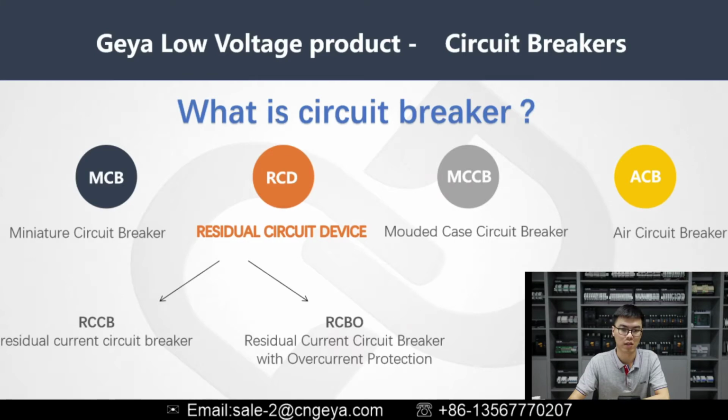Full name is Residual Current Circuit Breaker with Overcurrent Protection. From the name, I think you can find the differences. One is with the function of overcurrent protection, and the other one is without this function.